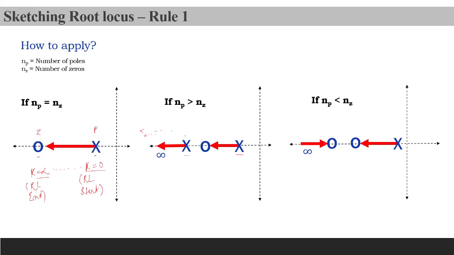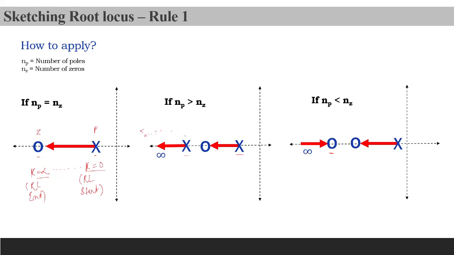Similarly, for the case when we have two zeros and one pole, we'll assume that the corresponding pole for this zero is at infinity, and that's why this root locus starts from that pole and reaches the end of the root locus at this zero. So this is just a quick recap of what we have done so far in the last lecture.